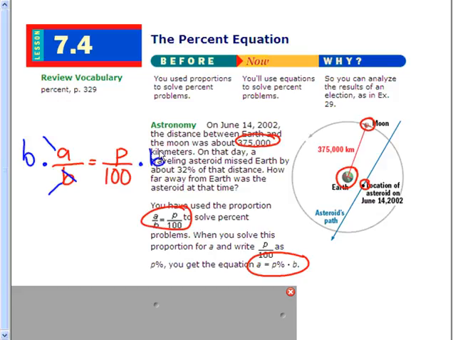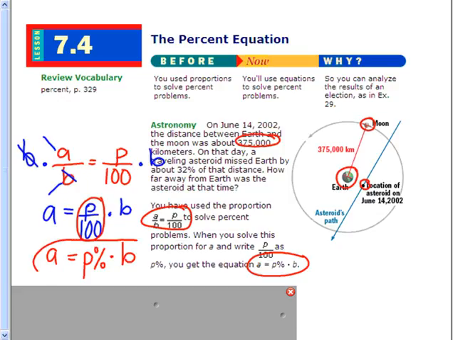That would cancel B out over here, leaving A isolated equals P over 100 times B. We can't do the multiplication, so we just write times B. Now they're taking P over 100, which we know just means P percent, just like 3 over 100 would mean 3%.